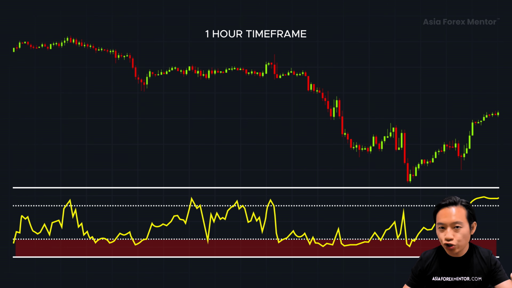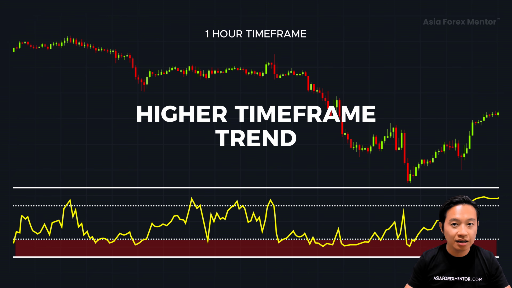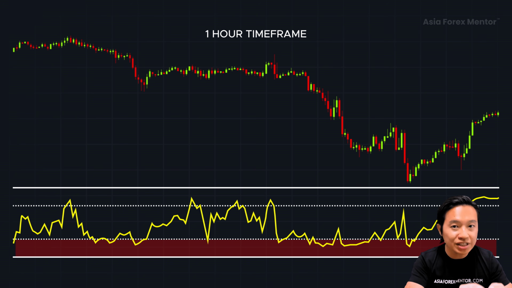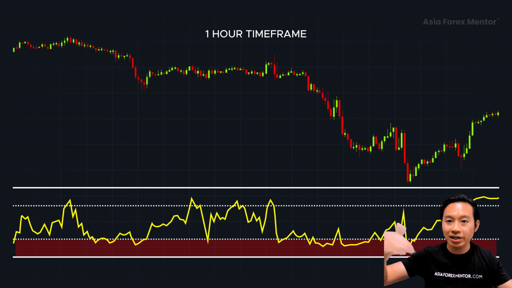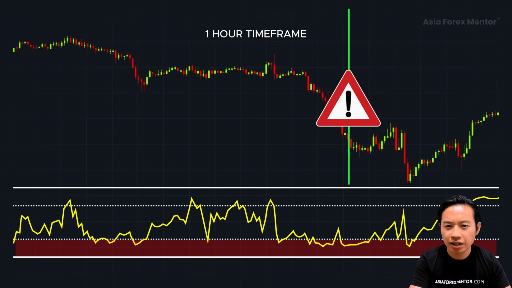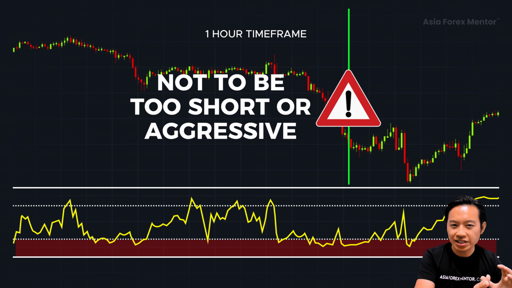So now, by trading in alignment with the higher time frame trend, you increase your chance of riding the uptrend while minimizing the risk of entering against the market's overall dominant direction, right? So now this area on the chart serves as what? Like a warning to not be too short or aggressive, right?